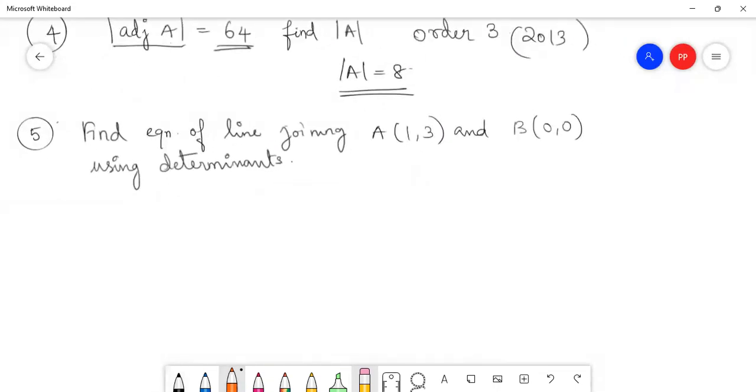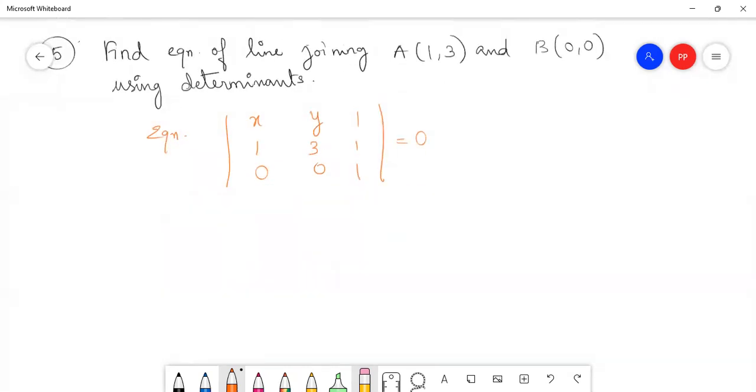Do you remember the formula? No. The equation is given as, I'll write the formula for you: a determinant with x, y, 1 in the first row, the points in the next rows, and 1, 1, 1 in the third column. I think it's an easy question for you.